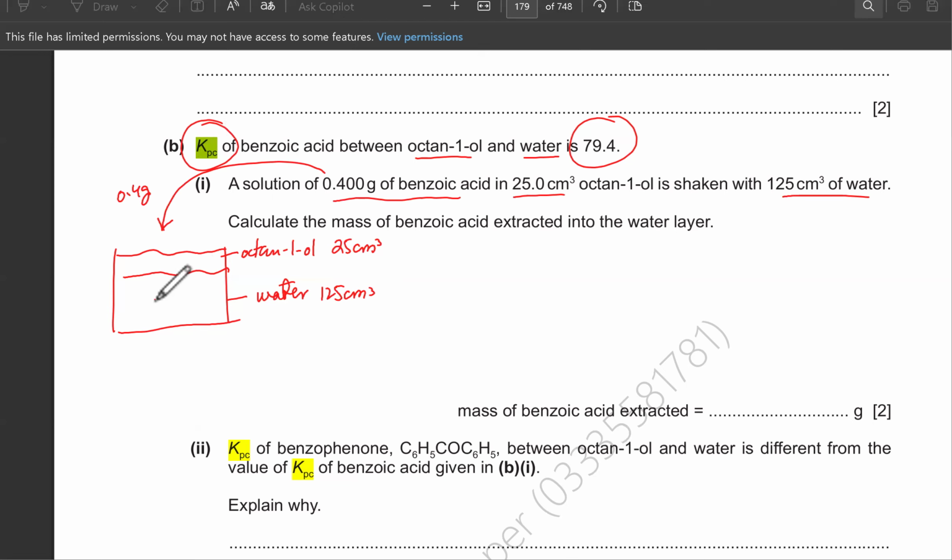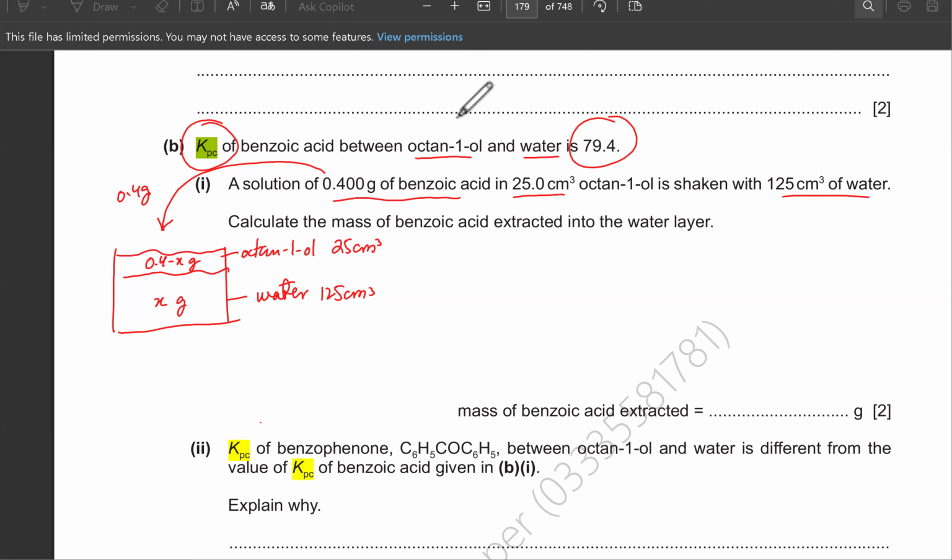If I say that X grams goes into the water layer, what is the amount that's going into the octanol layer? 0.4 minus X, right? So if you're mixing 0.4 grams, X grams goes over here, so the remaining that's left is 0.4 minus X. Is that clear?